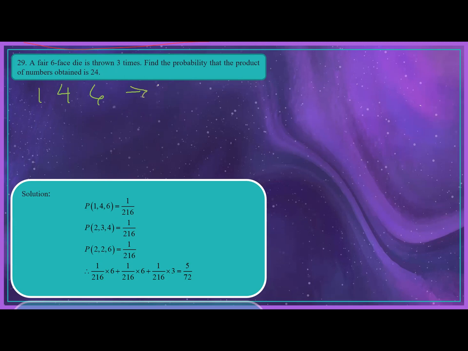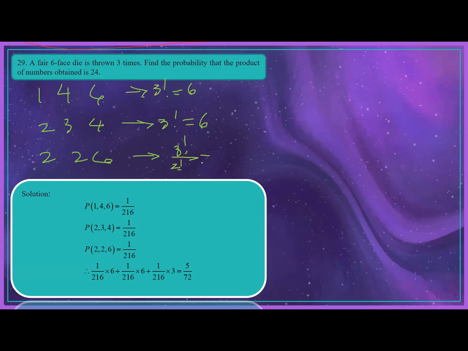And there are 3 factorial ways to arrange this, so you have 3 factorial is 6. Next is 2, 3, 4. And also there are 3 factorial ways to arrange this. And next is 2, 2, 6. And there is 3 factorial over 2 factorial because there are 2 repeating numbers, which is 2.